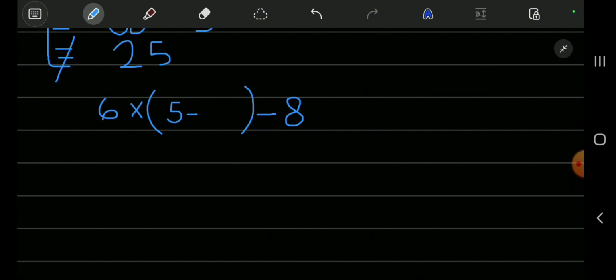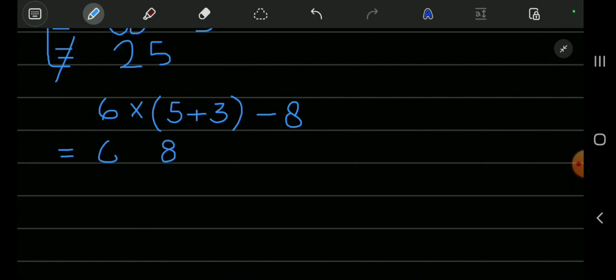5 plus 3. Okay, so this is going to be like this. Now see, first we are going to do the brackets. As we have inserted the brackets on the addition, 5 plus 3 would be 8. Sorry, why did I write 15?